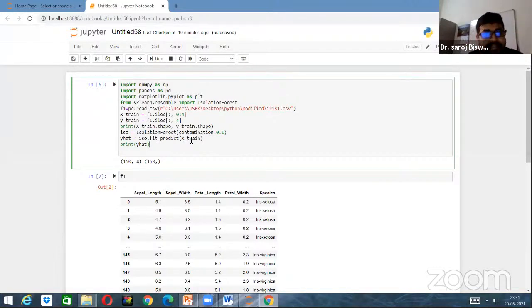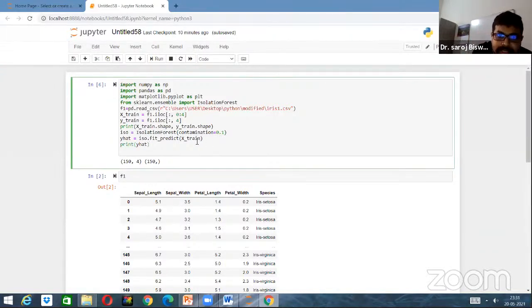If it finds that it's an outlier, then somehow the observations whose score is higher, up to 15 patterns, because the total number of patterns in the data set is 150 and we want contamination of 10%, 0.1. So it will treat 15 observations as outliers.